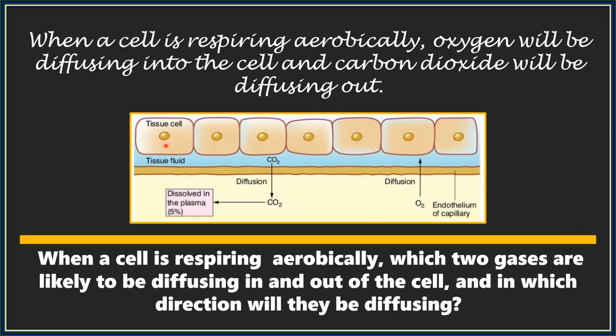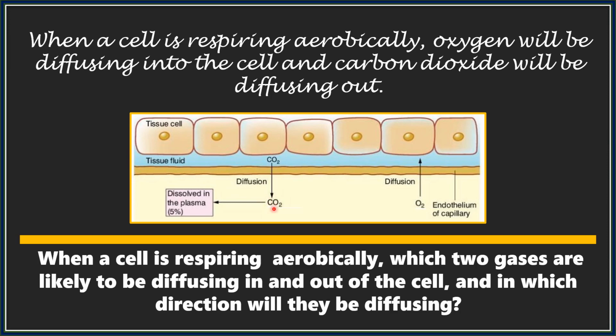For example, here we have a tissue cell. These are all cells and they are surrounded by a tissue fluid, and then this side we have the endothelium of a capillary. So you can see that carbon dioxide diffuses out into the tissue fluid because that's where the cells will produce and release their carbon dioxide to.